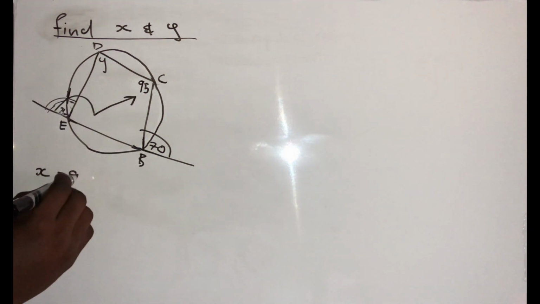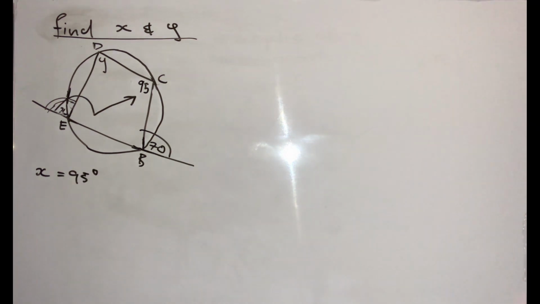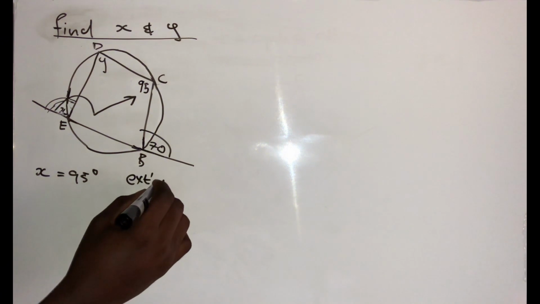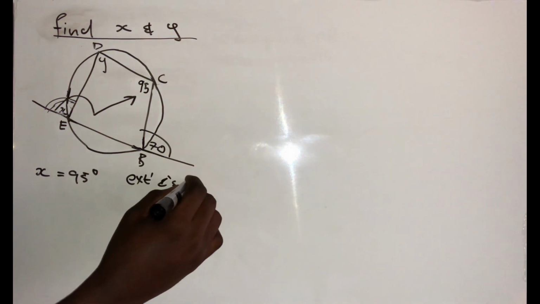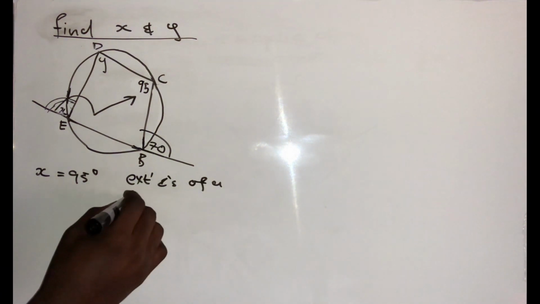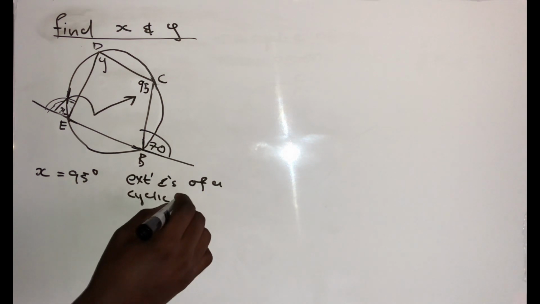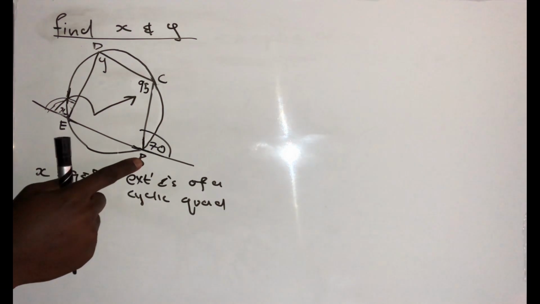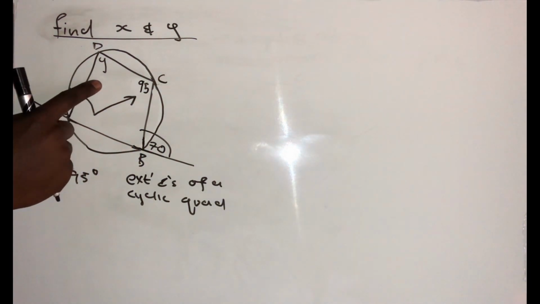X equals 95 degrees. Your reason is what? Exterior angles of a cyclic quad.